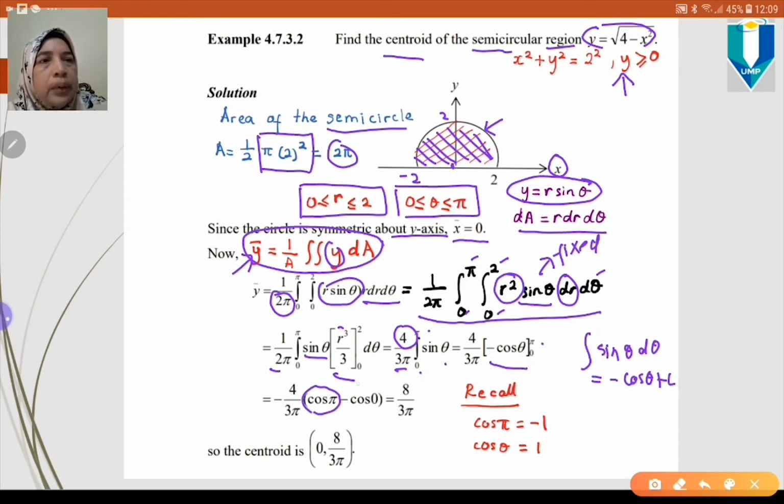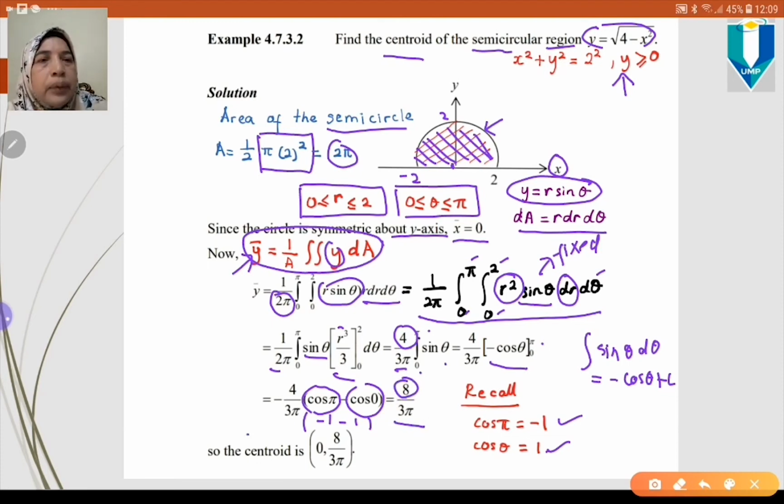The lower limit is 0, you get cos 0 here. But you should know that cos pi is minus 1 and cos 0 is 1. So when you substitute, you will get negative 1 minus 1, so in the square brackets you get minus 2. So you multiply by minus 4 to give you 8. So that will give your answer for y bar.